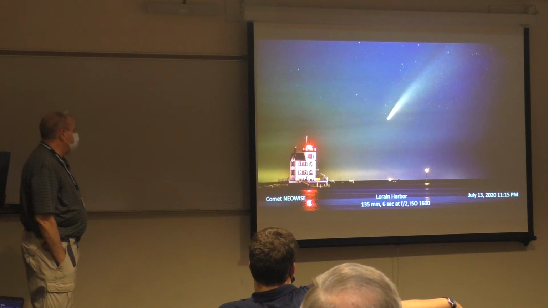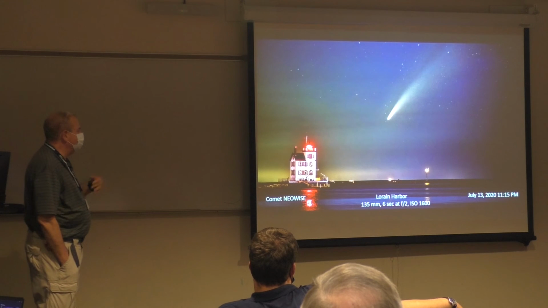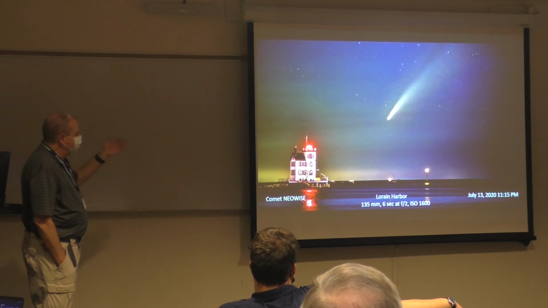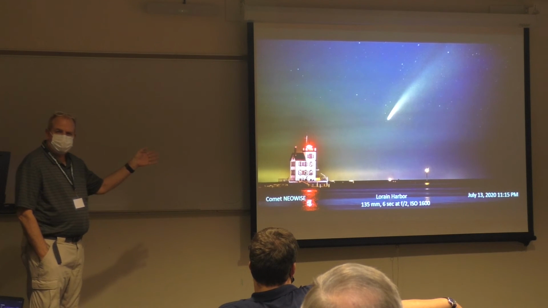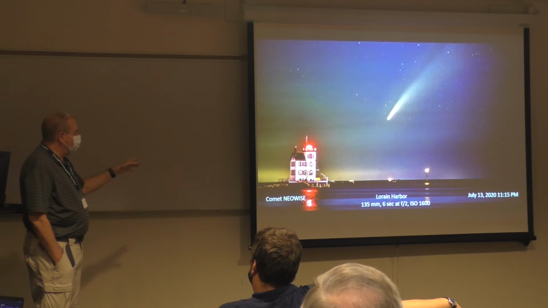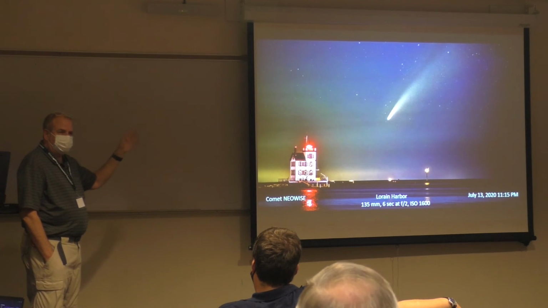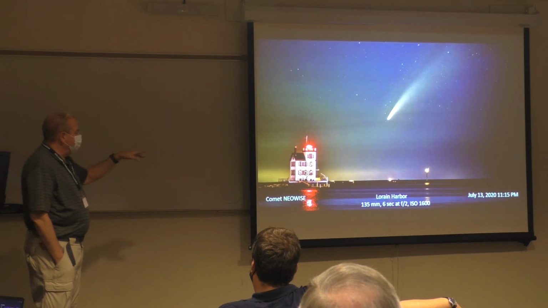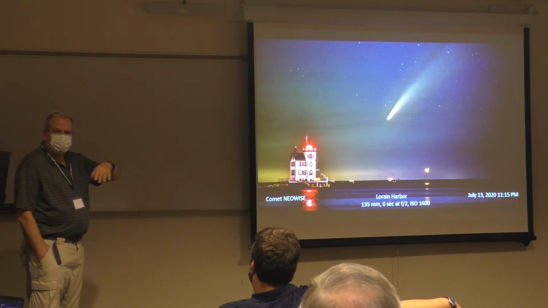This was out of Lorain Harbor, an amazing alignment, I think. There were a bunch of guys out shooting this thing. The lighthouse is illuminated until 11 o'clock, and then the lights go out. At 11 o'clock, a bunch of those guys packed up and left.